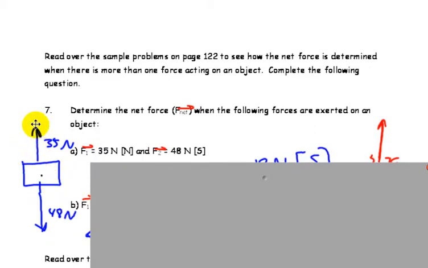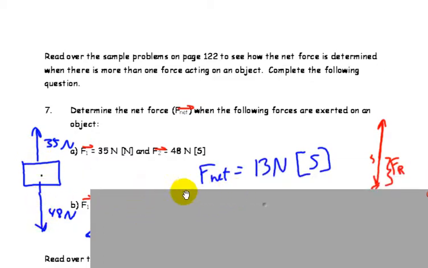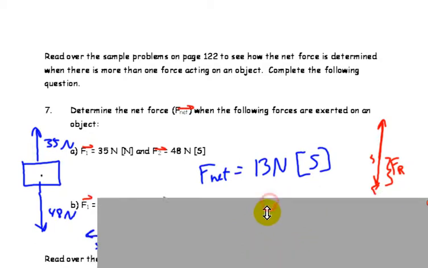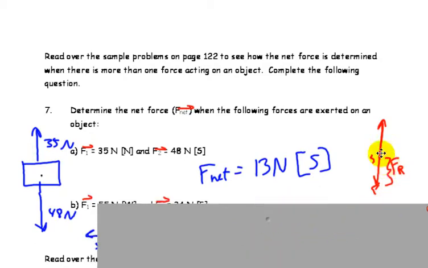So 35 newtons north, 48 newtons south, and of course you can see that 35 north will cancel with 35 south, leaving you with 13 newtons south. So it's very much vector addition. Moving north, then south, and then what is the resultant?